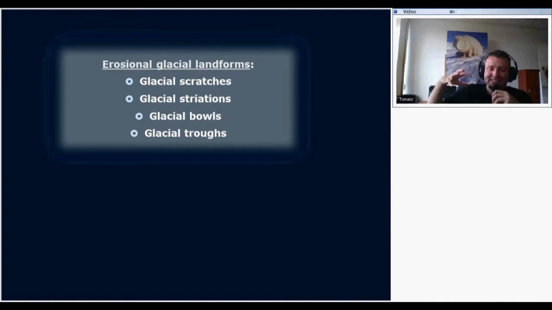Because a glacier takes and transports material, there are different erosional glacial landforms. When the material is taken away, these landforms appear, such as glacial scratches, glacial striations, roches moutonnées and troughs.